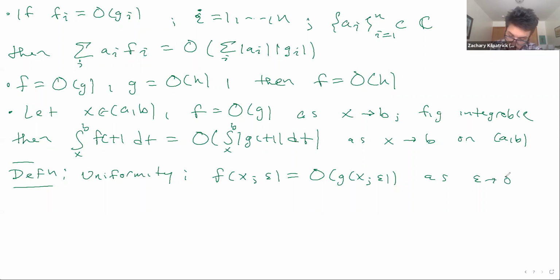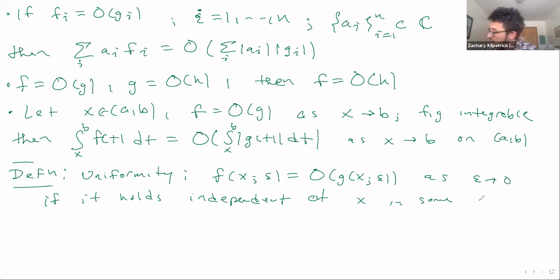So you have uniformity of this relation if it holds independent of x in some domain B. Okay.